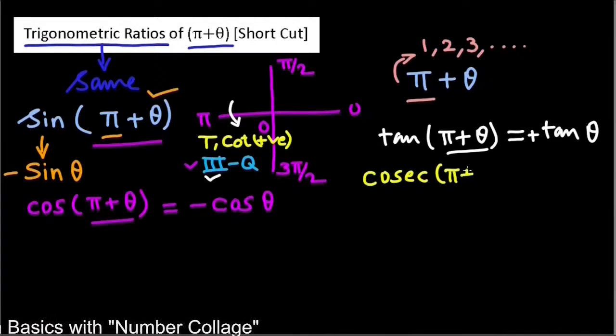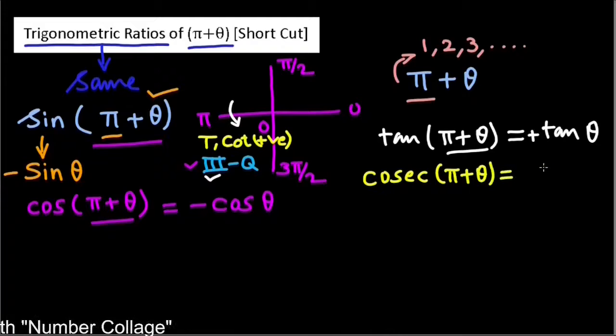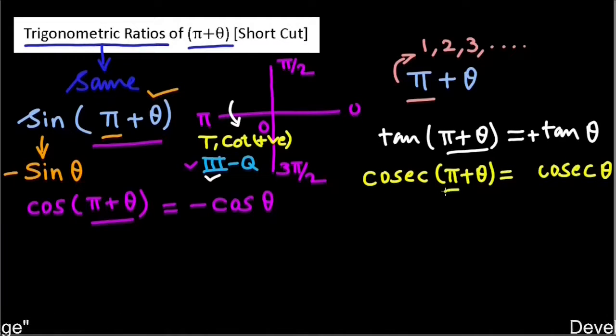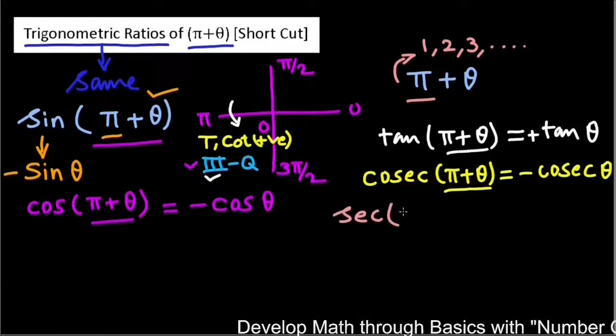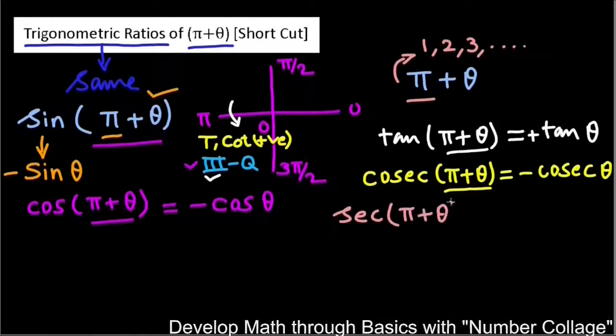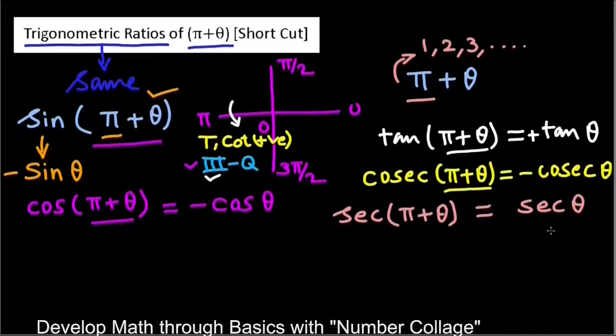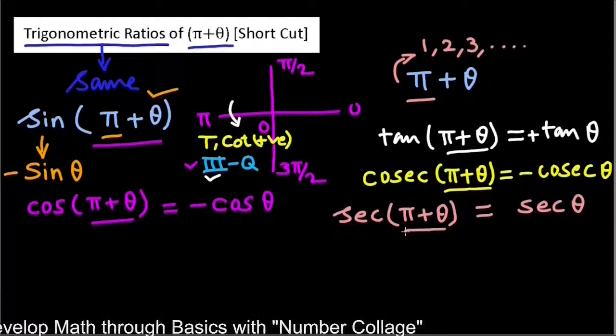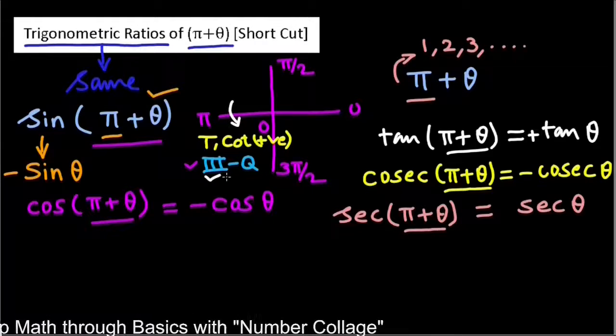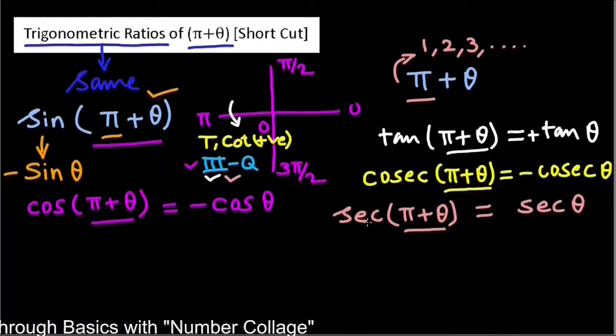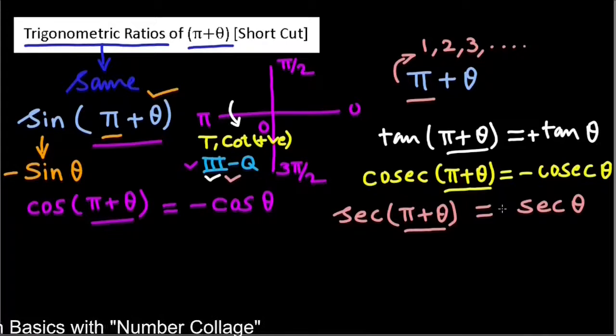Cosec pi plus theta will also be cosec theta, but pi plus theta lies in the third quadrant, in which cosec is negative, therefore this will be minus cosec theta. Sec of pi plus theta will be sec theta itself, since the angle pi plus theta lies in the third quadrant, where sec theta is negative. Therefore, this will be minus sec theta.